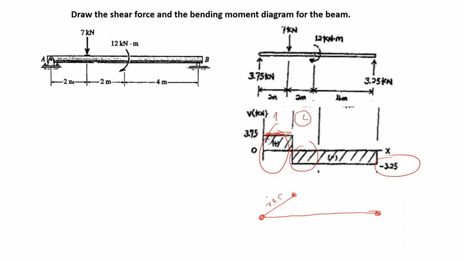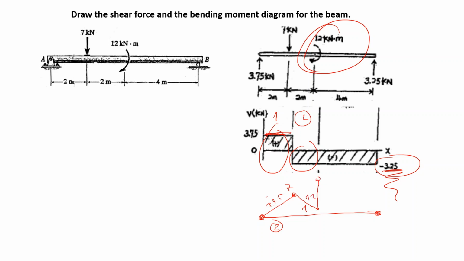So, well, here, if you go 2 meters with 375, you reach 7. When you go down with a slope of 325, 2 meters, that's 6, so you reach 1. And as you see here, you have suddenly a jump in the moment 12.